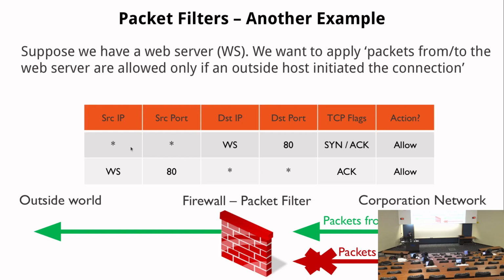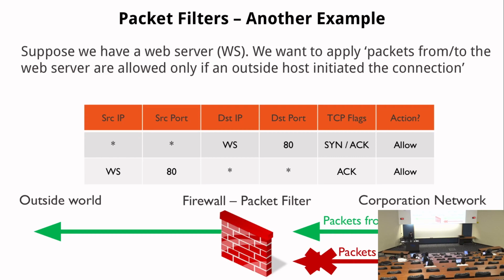So we cannot really limit what the source port is. Also, we don't limit what the source IP is, because we want anyone on the internet to be able to talk with us. Then the destination will be our server and port 80. However, we require that it is either a SYN packet or an ACK packet.